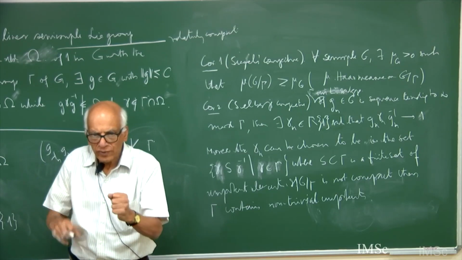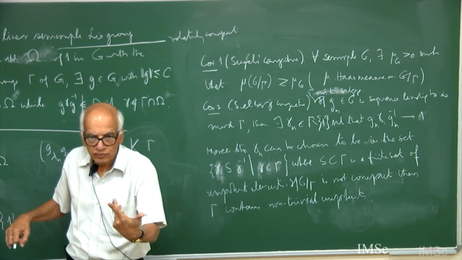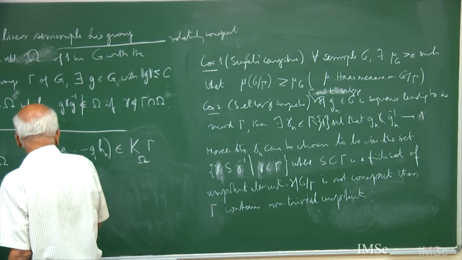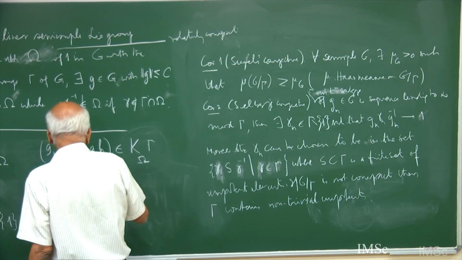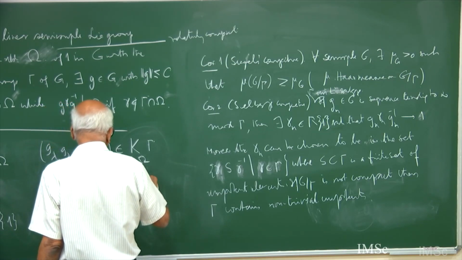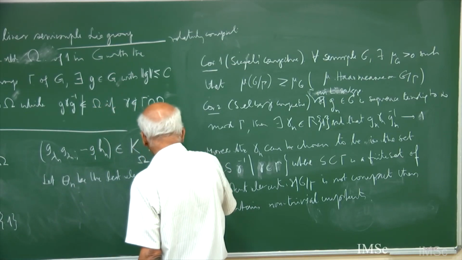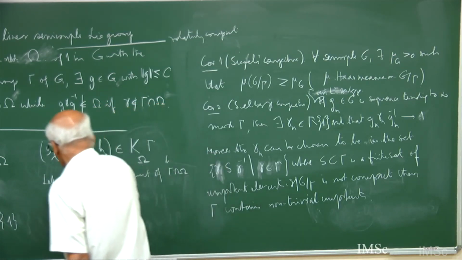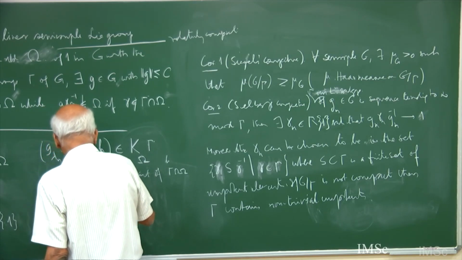There is one which gets out last. The last one to get out: let theta n be the last element of gamma Hn gamma intersection omega to get out of omega.